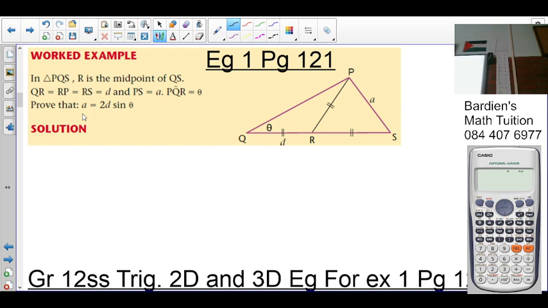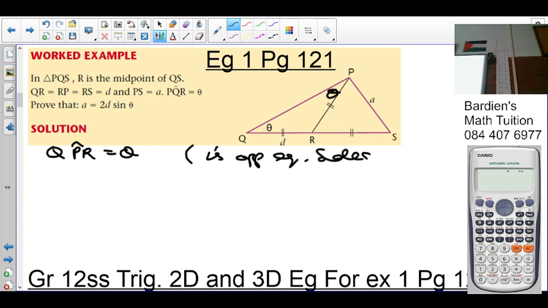We know that this angle here is equal to, what's the size of this angle? Theta. So why is angle QPR equal to theta? Angles opposite equal sides. Okay.